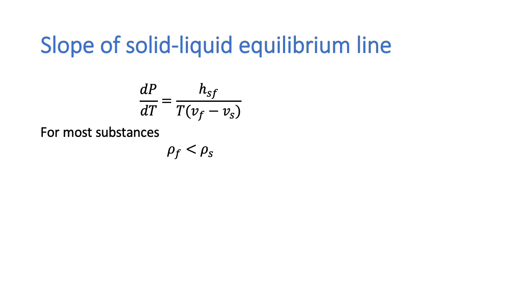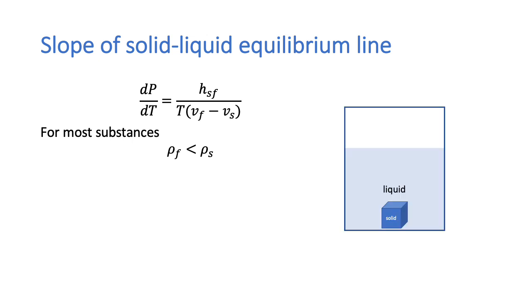Now, for most substances, the density of the liquid, ρ_f, is less than the density of the solid, ρ_s. So if you put a solid inside its own liquid, it will sink to the bottom. The specific volume is equal to 1 upon ρ, which means that v_f would be greater than v_s, in which case v_f minus v_s is greater than 0.